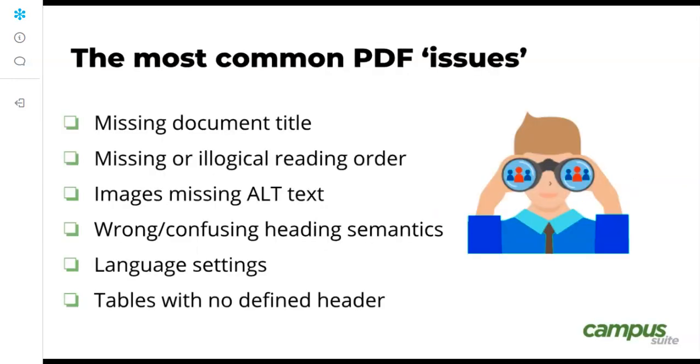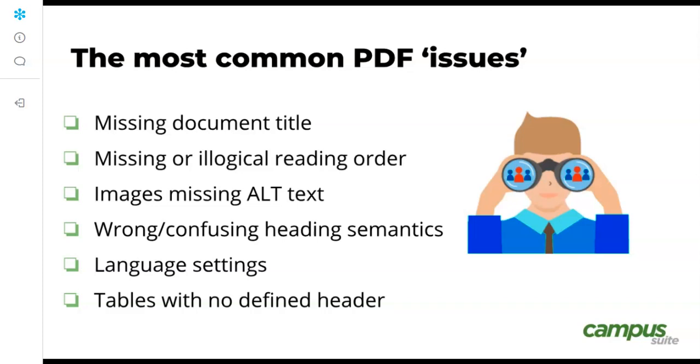Okay, thanks, Jason. Just to review and summarize, your school, if you're like most, likely has a ton of PDFs. We've done our surveying and research. Some schools have thousands and tens of thousands of PDF pages. So it's important that you recognize these most common PDF issues and ensure the document has a document title and that the language is specified.